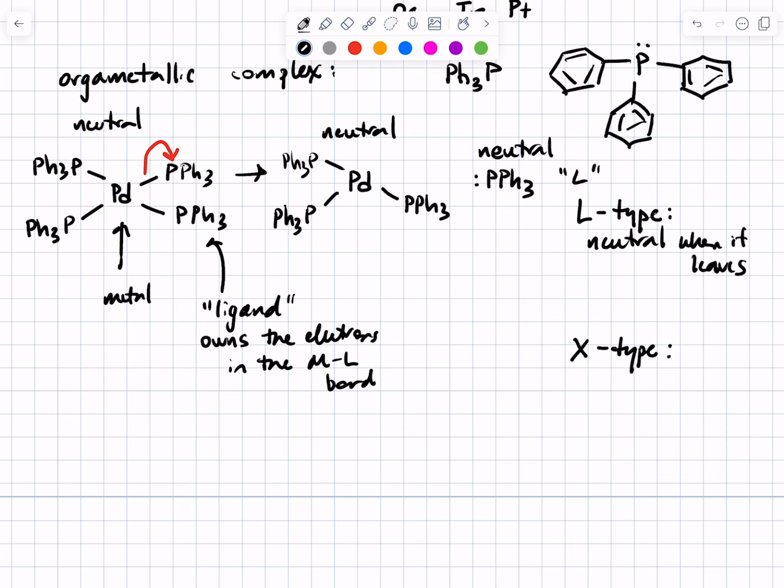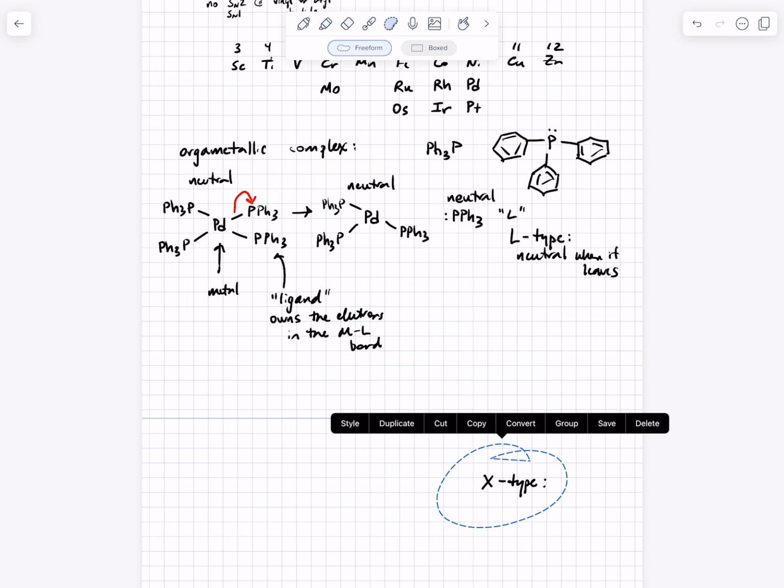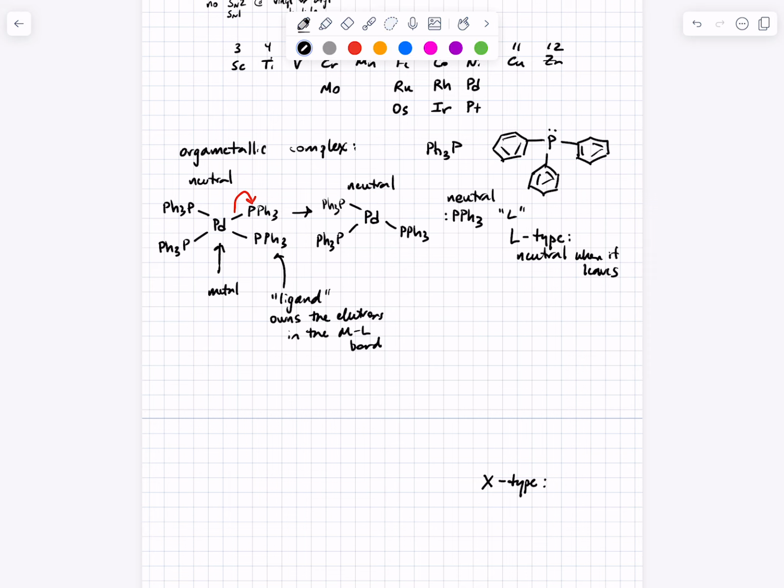Some examples of neutral L-type ligands would include things like phosphines, also amines based on nitrogen.